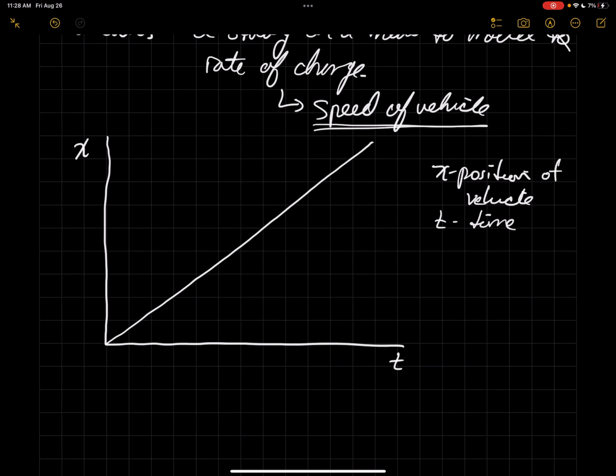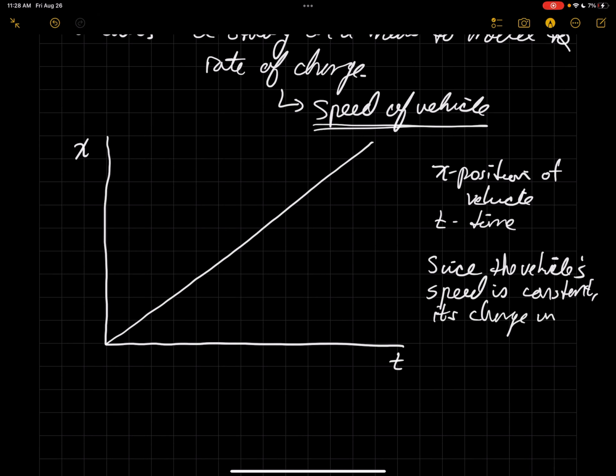Anywhere along this line, since the speed is constant, the change in position of the vehicle is the same at any moment in time, which is to say that its speed is constant. And so we can summarize this by saying that since the vehicle's speed is constant, its change in position with time is also constant.